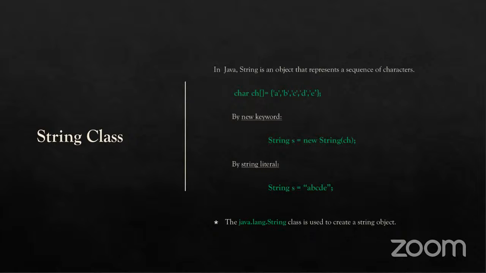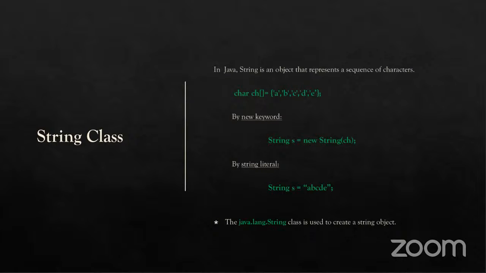When we try to create the next string with the same value abcde using another reference variable, like String s1 = "abcde", Java will first check in the string constant pool whether this string object already exists. If abcde already exists in the string constant pool, it will not create new memory.